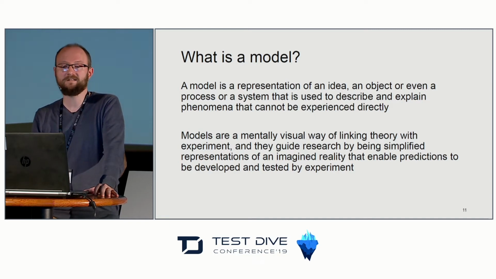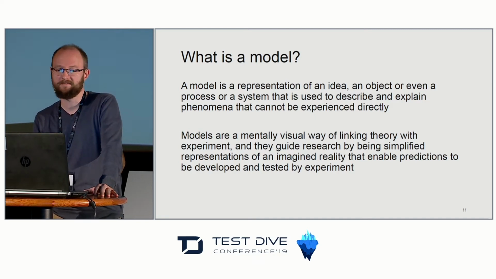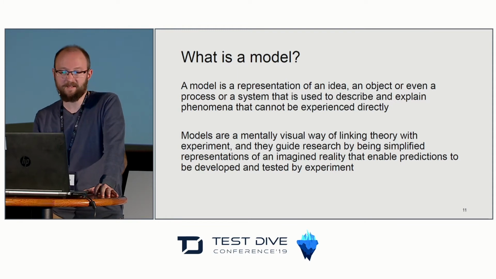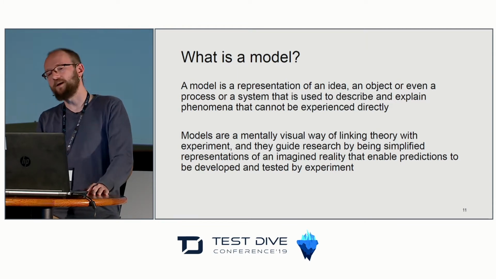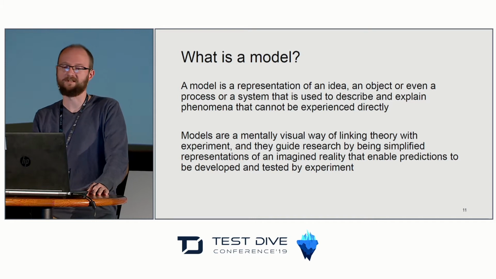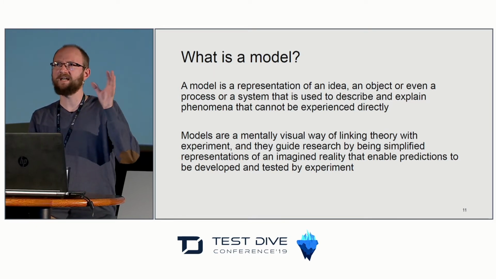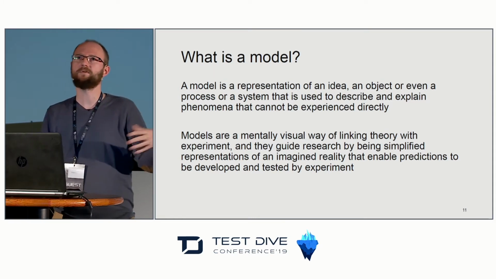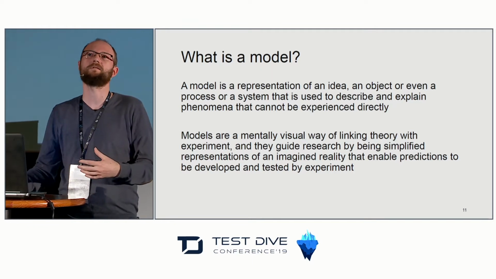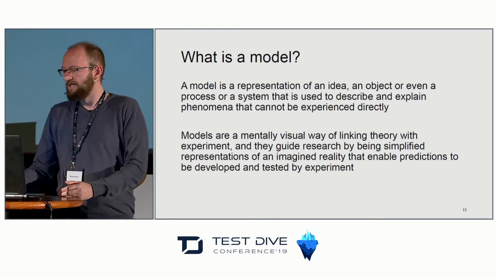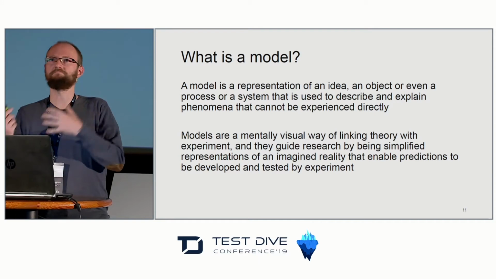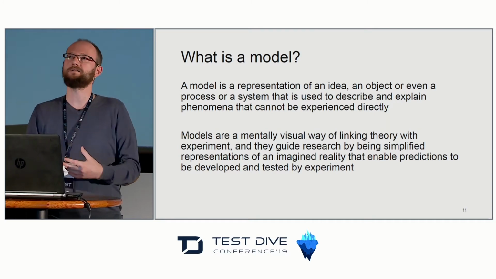They are a mentally visual way of linking theory with experiment, and they guide research by being simplified representations of an imagined reality that enable predictions to be developed and tested by experiment. It's a very scientific method. It's a model that comes from scientific theory, methodology of science. But we can take it and modify it for our purposes.